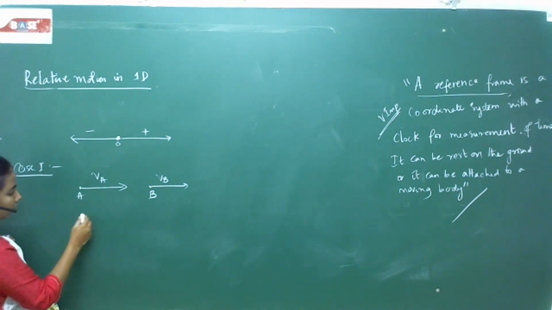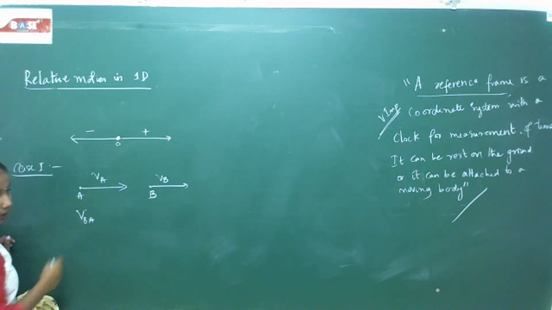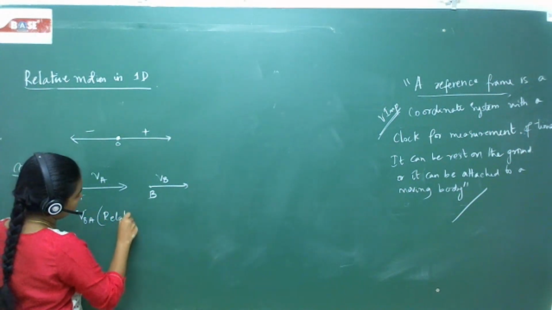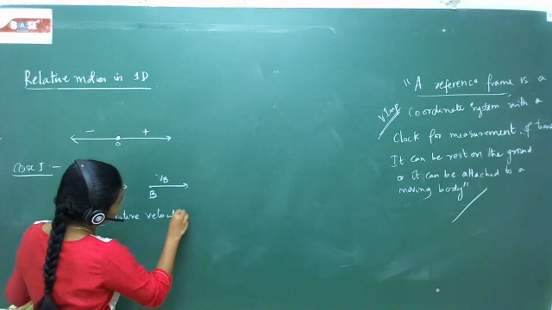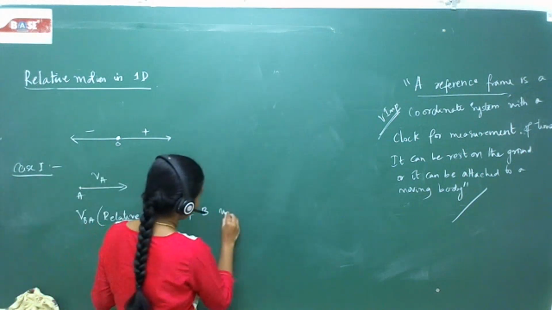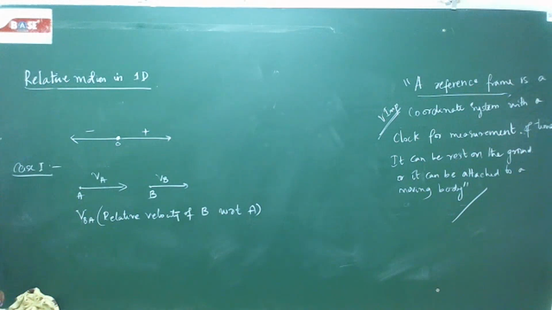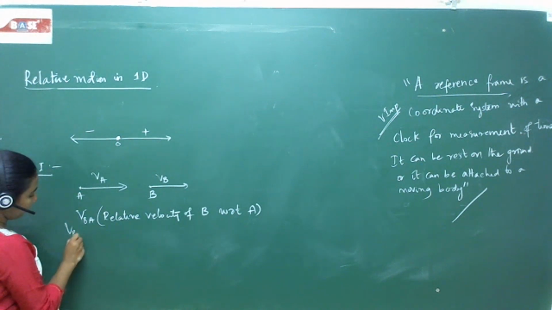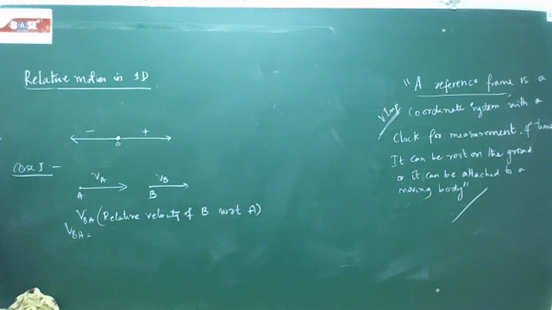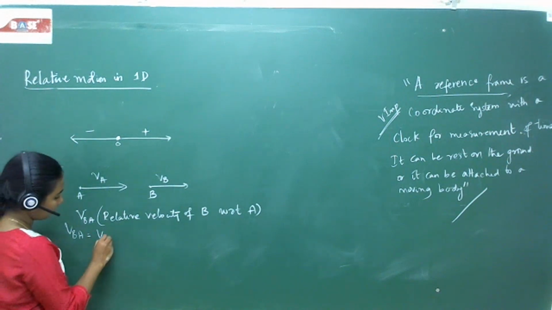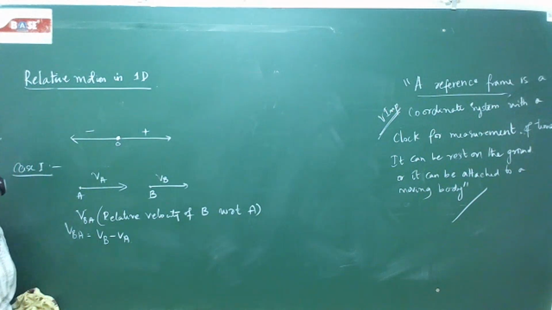Now, if you want to find the relative velocity of B with respect to A, this is nothing but the relative velocity of B with respect to A, VBA. Can we write it as VB minus VA.